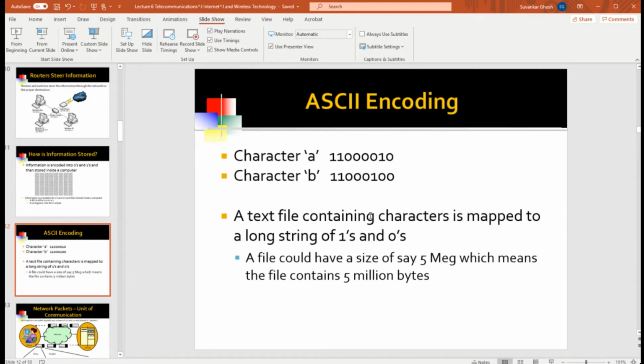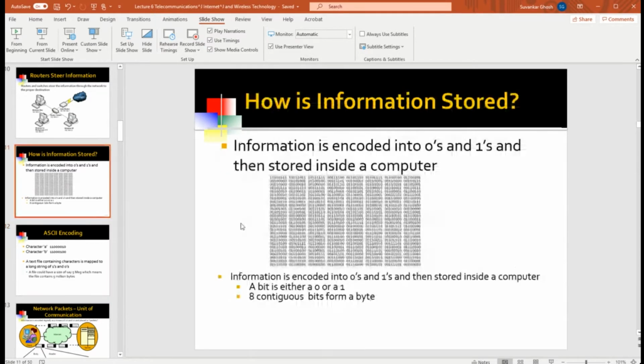When we say a file has a size of 5 megabytes, essentially we are saying there are 5 million bytes in that file. So the file is just a chunk of bytes, and the number of bytes is determined by the size of the file.